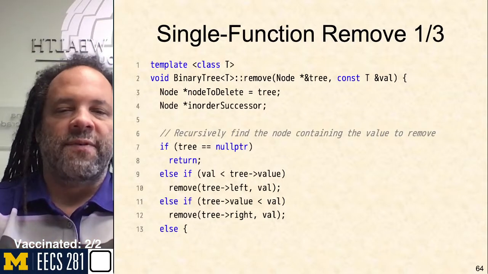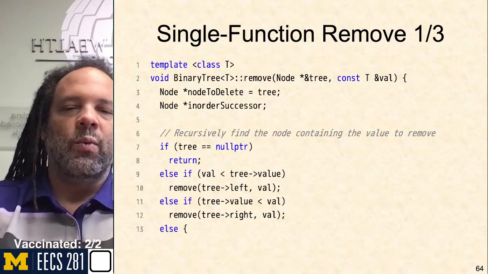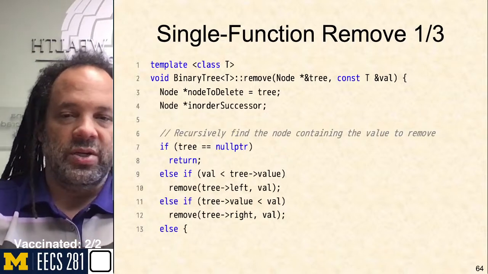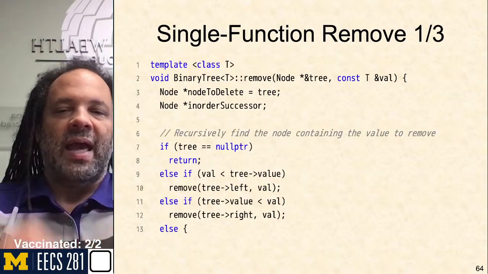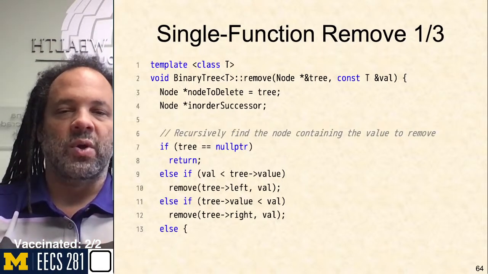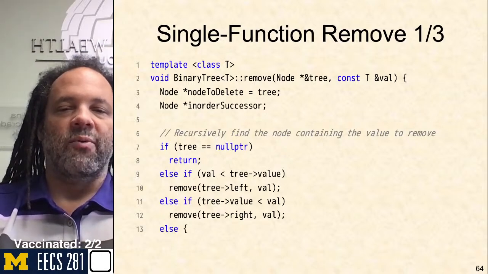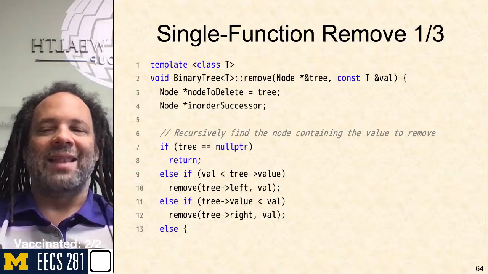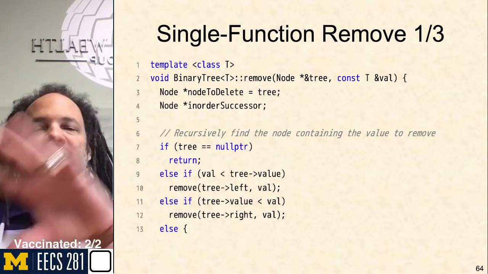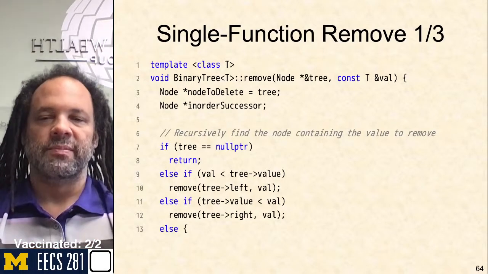So whatever function called remove, it wants the pointer there to be changed. It doesn't want to send a copy of that pointer into the function and have that moved around and not affect what's going on outside of the remove function. So that's why we send the pointer in by reference, because the function needs to be able to modify the pointer at the calling location, not just within the called function.